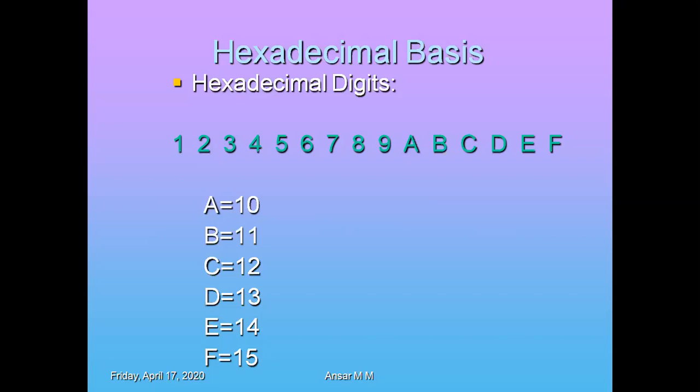I think you are all familiar with the binary numbering system. In binary numbers, there are two values, either 0 or 1. A group of 8 bits of binary information is called a byte, and we can divide that 8-bit number into two nibbles, that means two groups of 4 bits.